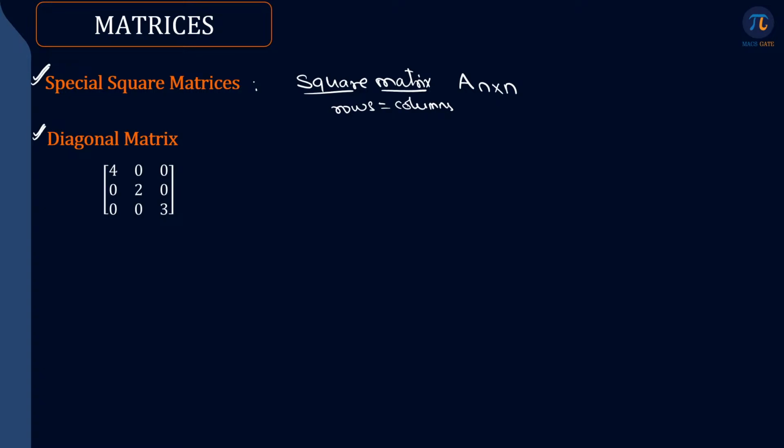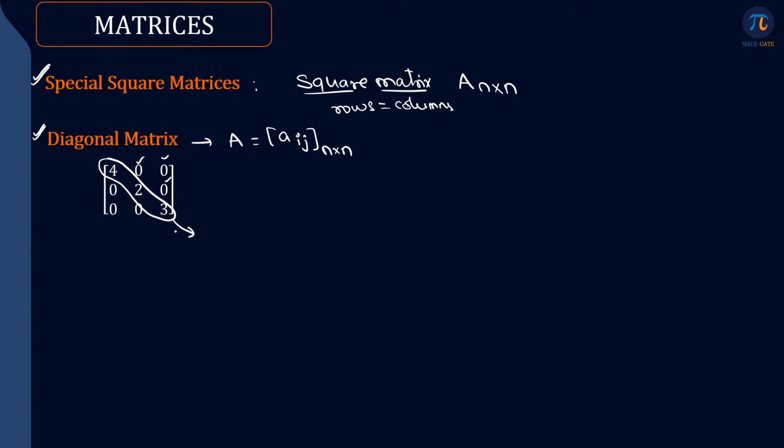It's a square matrix where only the main diagonal elements can be non-zero, but all the off diagonal elements are 0. So in a general notation we can simply call it a square matrix. What is important here is these fellows are 0.